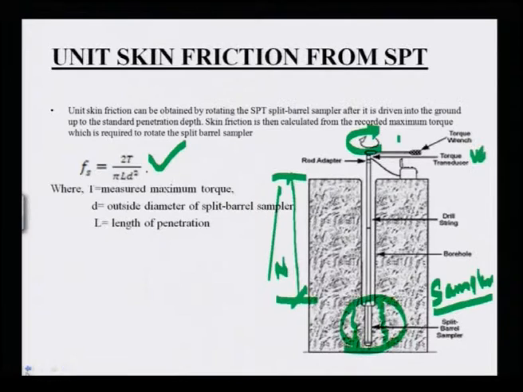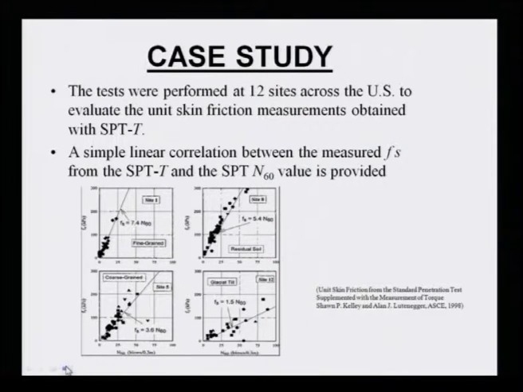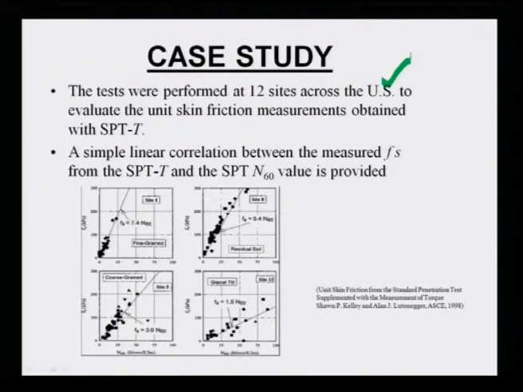Now, whether unit skin friction can be obtained from the standard penetration test or not. There are case studies where tests were performed at 12 sites across the United States to evaluate the skin friction measurement obtained with SPT and T. Based on that skin friction measurement, a simple linear correlation between the measured skin friction and the SPT is provided.